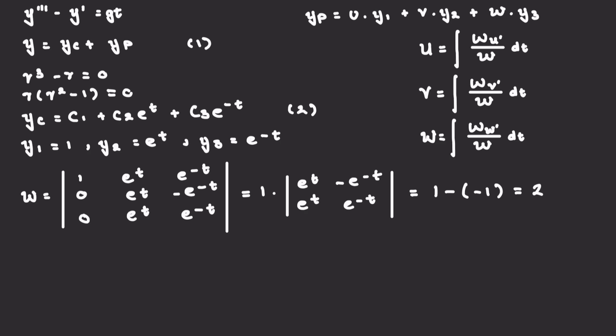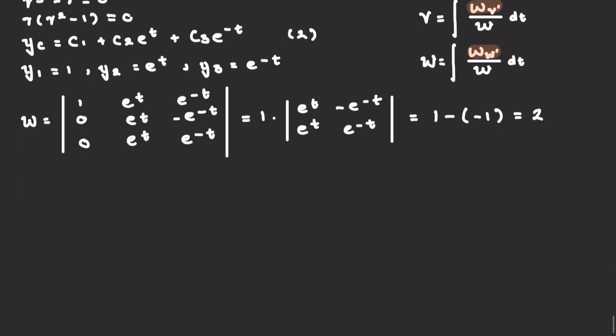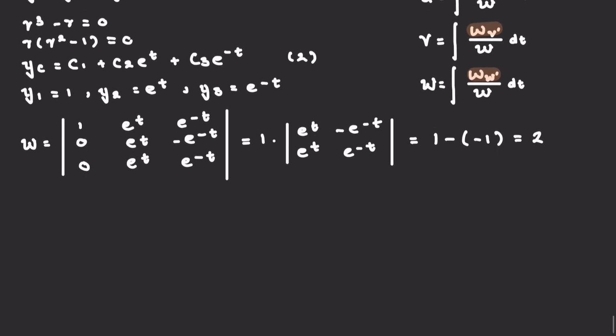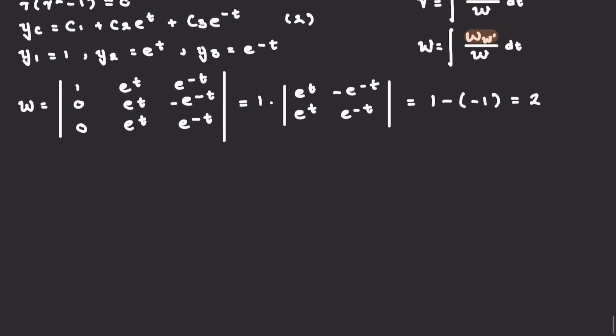Now let's calculate the Wronskians for u prime, v prime, and w prime. Before any confusion starts, let's write down a system of equations that will represent our u prime, v prime, and w prime. Our u prime times y1 plus v prime times y2 plus w prime times y3 is equal to 0.